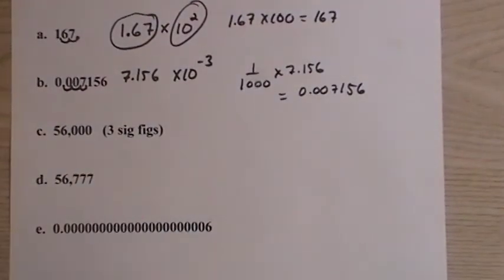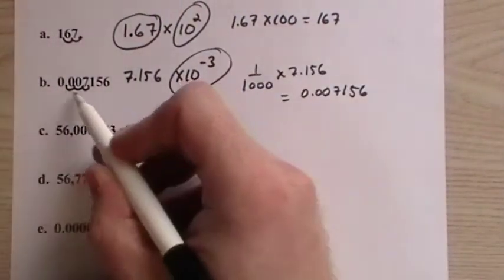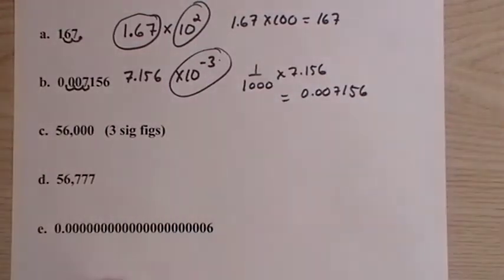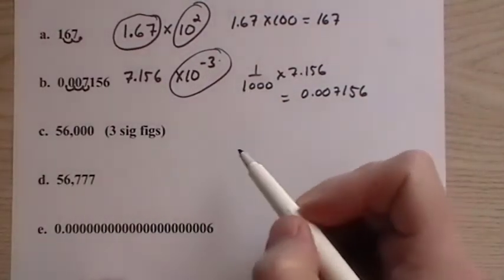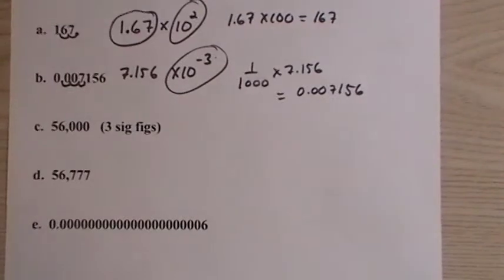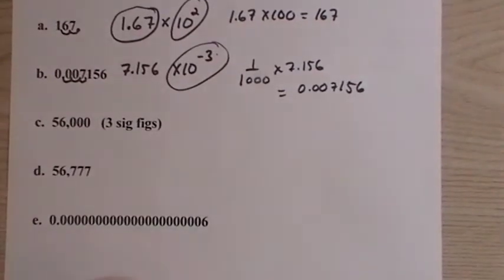You can just learn it as moving this decimal place over gives us this number, but you should understand really at this point what's going on as far as the math. It's the same number, it's just in a different form.